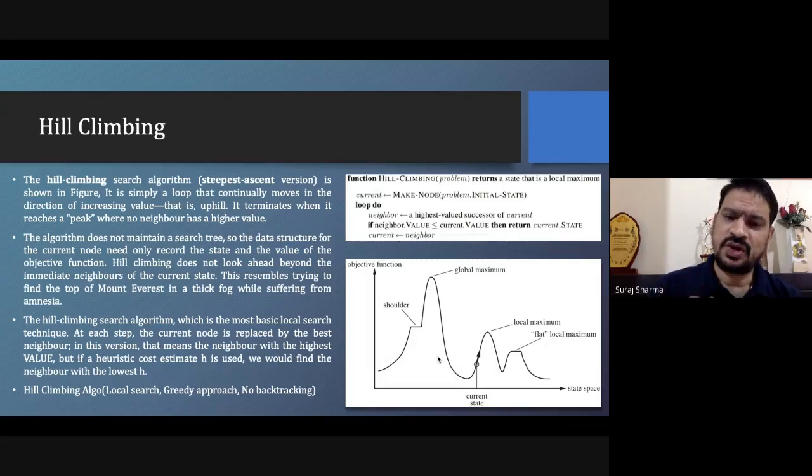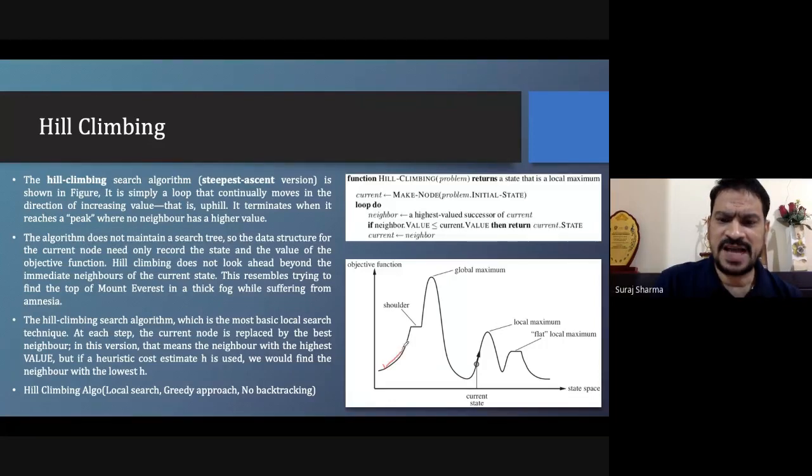So once you are going up, you are thinking that you are climbing the hill. You have started from here and you are going in the upward direction. So here you are, now you are going up in this way.